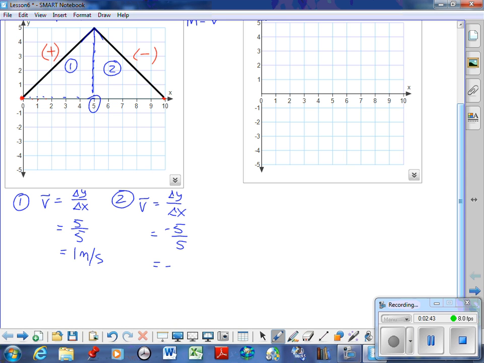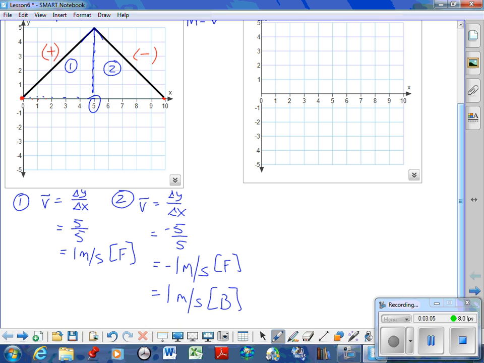So this is actually negative 1 meter per second. In this case, I am going forward, and negative 1 meter per second, because I'm using that negative, I still say it's forward, or I can rewrite it as 1 meter per second backward. And you can skip to that final step. I have no problem with that.